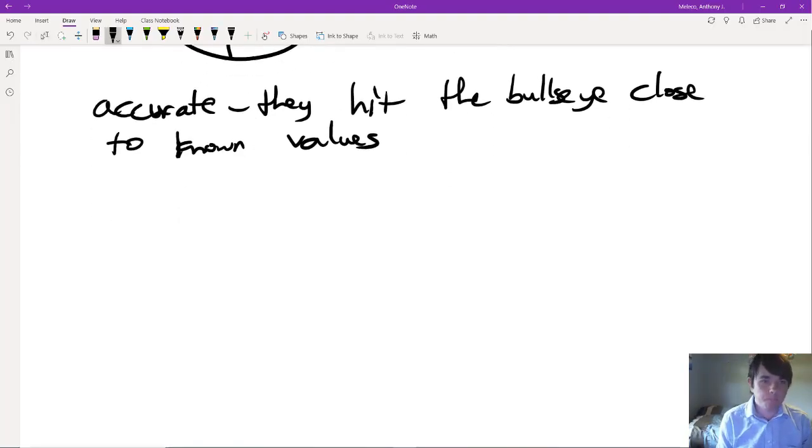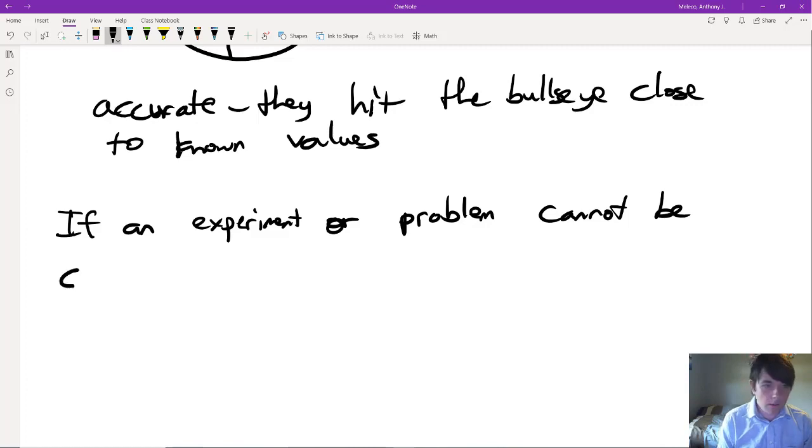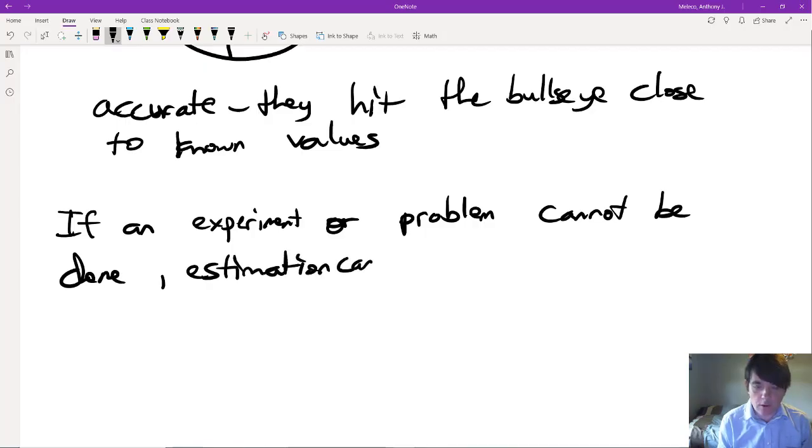There's one last thing. In physics or in science in general, if an experiment or problem cannot be done, estimation can be used. Okay.